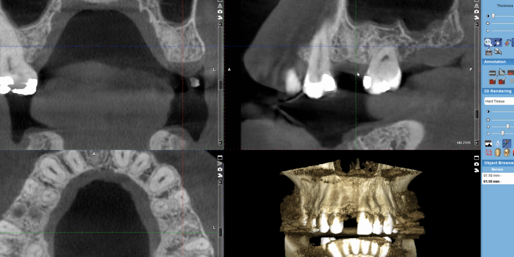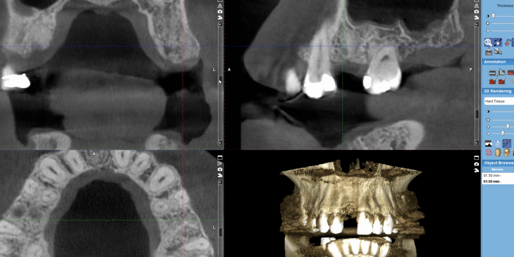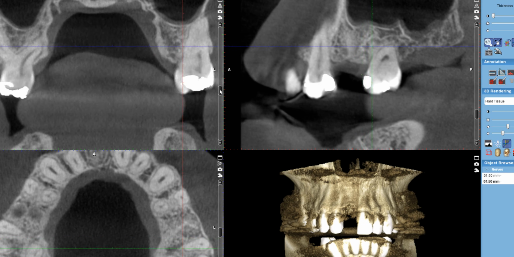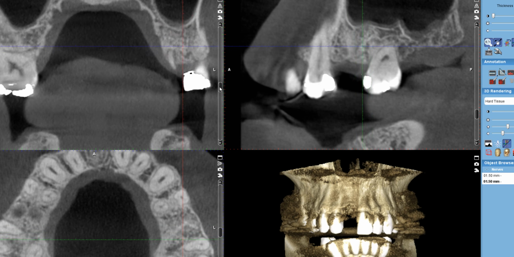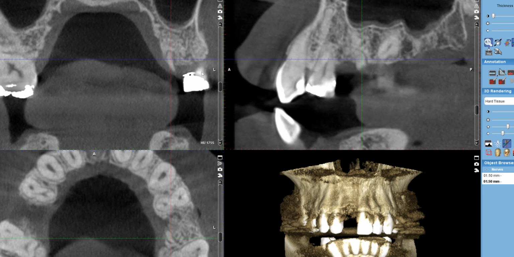But importantly, as I scroll through the entire edentulous site of number 13, do you see this? Excuse me, I'm going to move our crosshair to this area, right there.